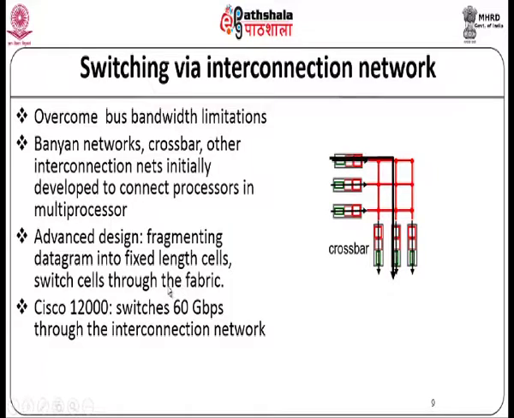So, sometimes in order to facilitate fast switching, your packets may be fragmented and then the switching could be done. Okay. So, the Cisco 12000 series, which is about 60 gigabit per second, uses an interconnection network.